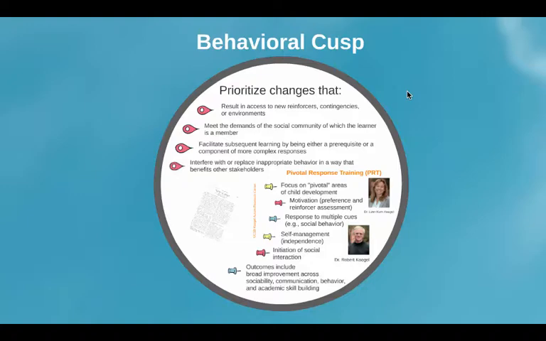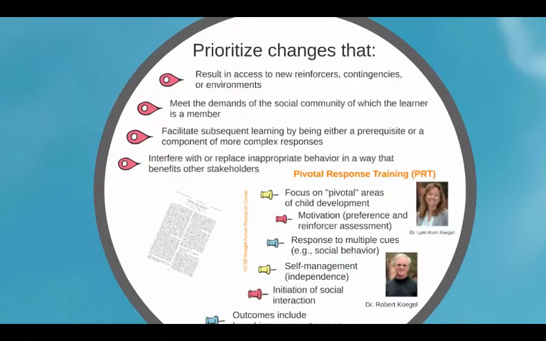And I just want to remind you that the definition of a behavioral cusp requires us to prioritize changes that first result in access to new reinforcers, contingencies, and environments. So we're going to develop skills that allow a person to do just that.